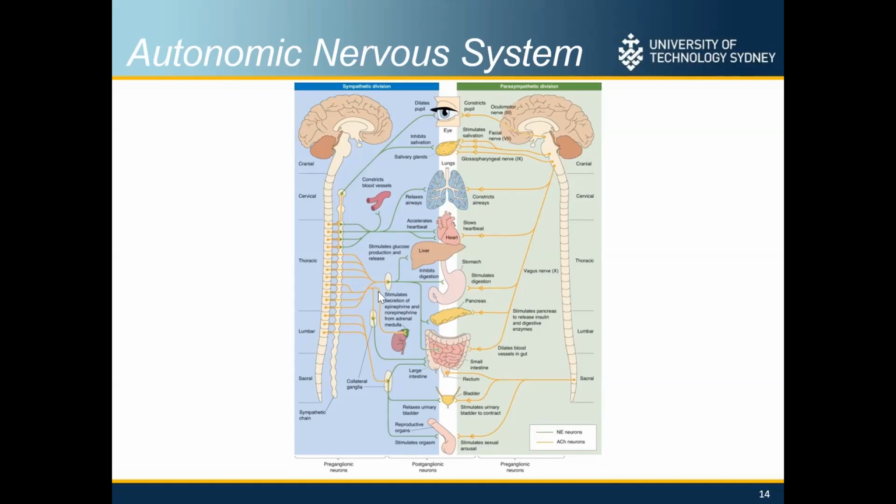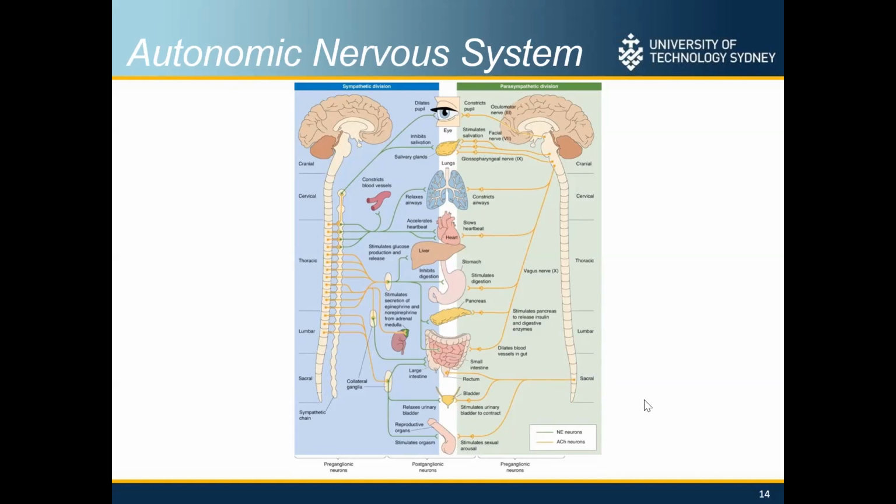On the other hand, the parasympathetic nervous system has the preganglionic axons emerging in the brainstem and also the sacral spinal cord. And this area is called the craniosacral outflow.